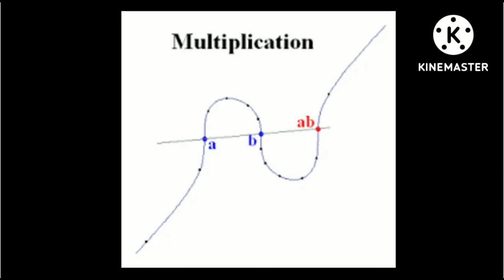Each intersection point is defined in terms of a dot.